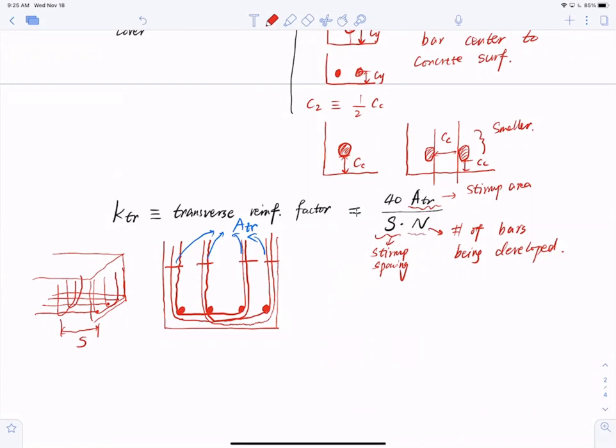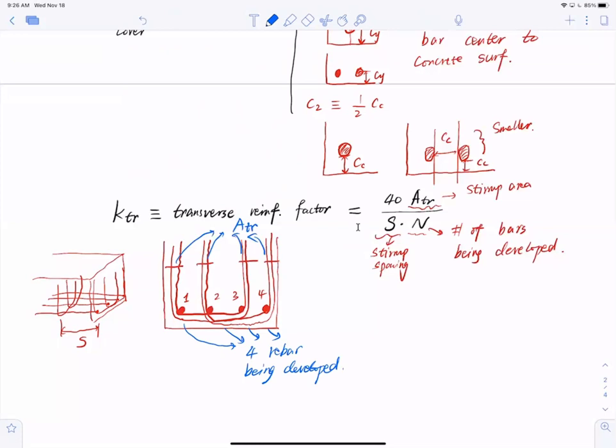What is n? Now, I have 1 bar, 2 bar, 3 bar, 4 bar in the longitudinal direction being developed. So this is called 4 rebar being developed. Okay, so let's take a look at this equation again.